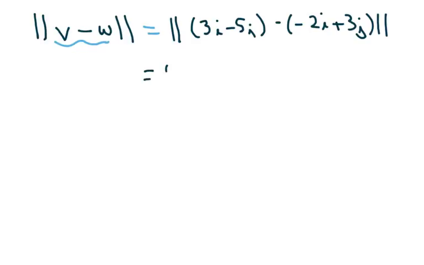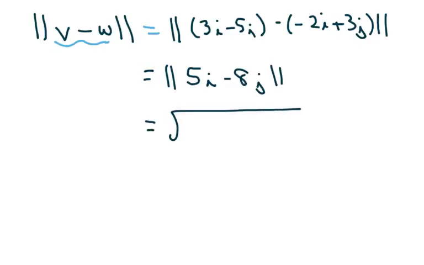And when you combine that, you're going to get 5i minus 8j. Now we take the magnitude, which is basically the square root of 5 squared plus negative 8 squared, which yields the square root of 89.